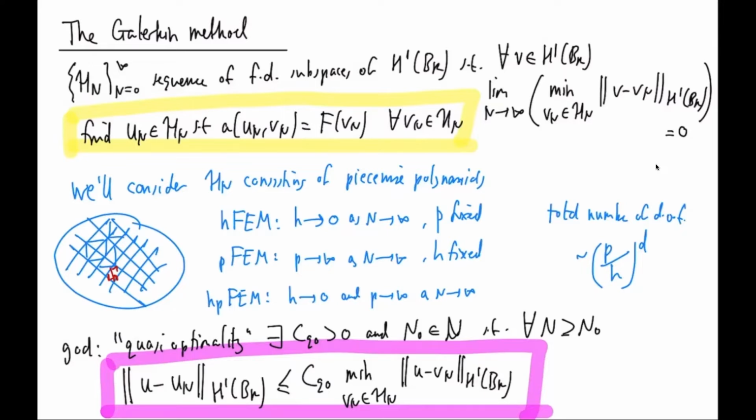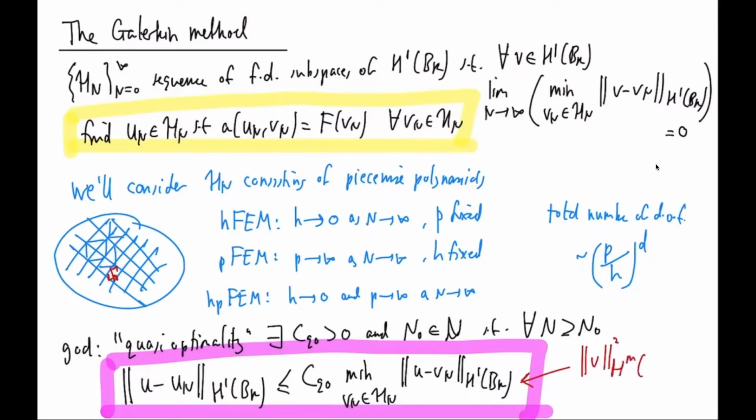Okay. And so here I actually haven't specified what norm I'm using on H1. And actually, I want to define more generally norms weighted with K. Let me write down the definition.